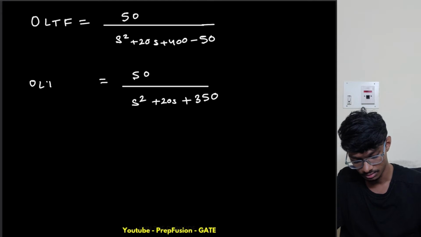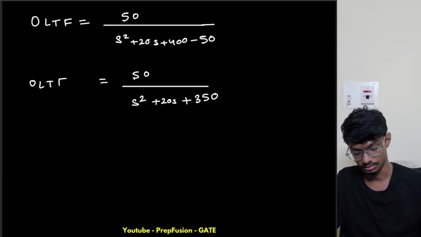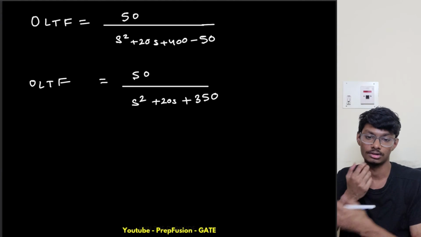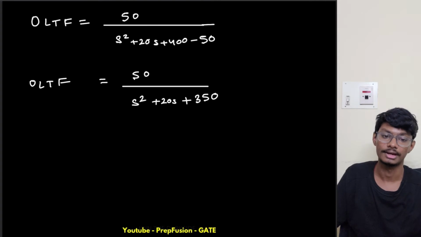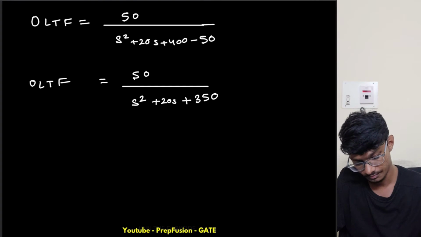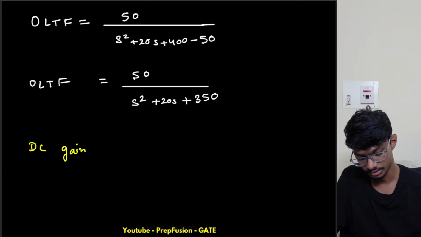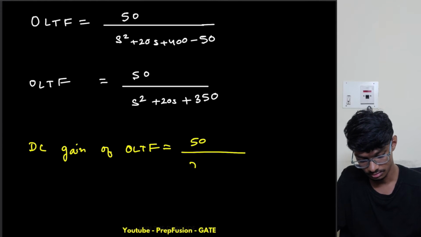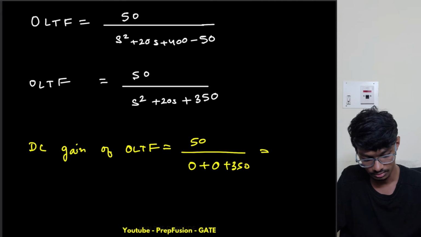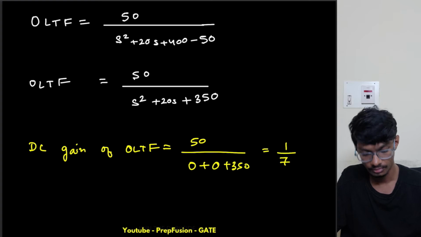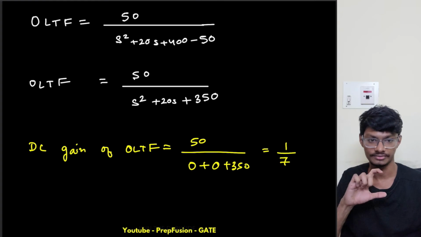This is our OLTF. Now in this equation I will put s equals to 0. So G of S, the OLTF, putting s equals to 0, is 0 plus 0 plus 350, so it is 50 by 350, which is 1 by 7, okay, 1 by 7.